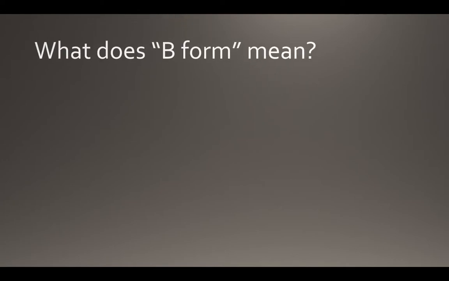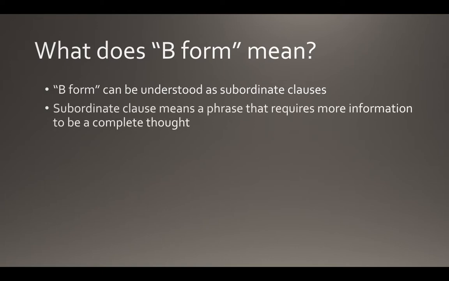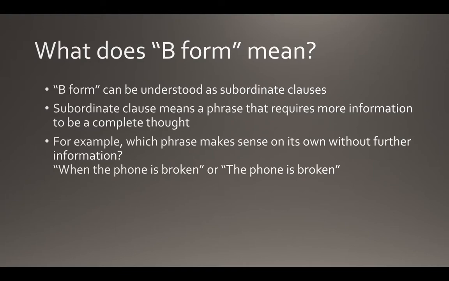What does B form mean? B form can be understood as subordinate clauses. Subordinate clause means a phrase that requires more information to be a complete thought or to make sense on its own. For example, which phrase makes sense on its own without further information?